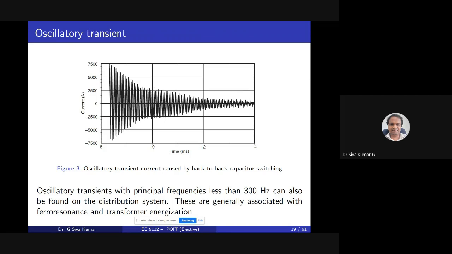Okay, it is going to change the inductive reactance. And transformer energization is also going to have this kind of oscillatory transients.